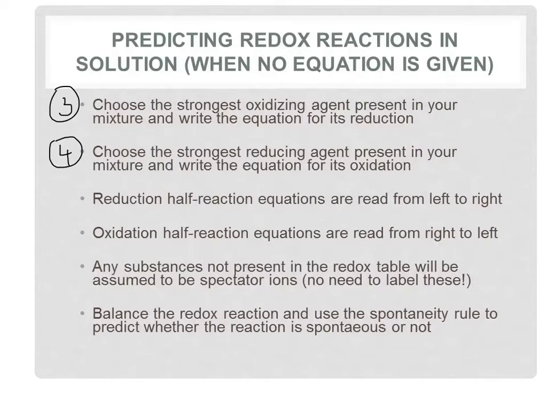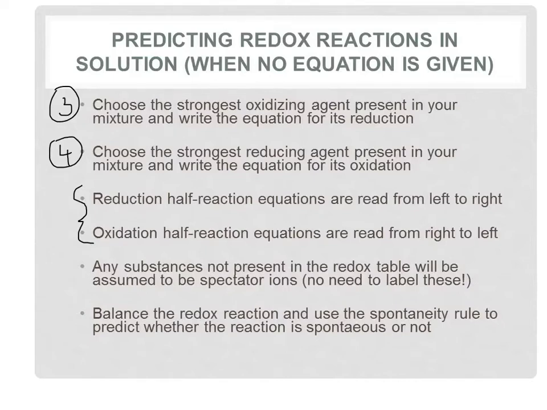We're going to get these two equations from our table of reactivity. The way that they're written is that reduction half reactions are read from left to right, and oxidation reactions happen from right to left. Any substances not present in the redox table are going to be assumed to be spectator ions. There's no need to label these.